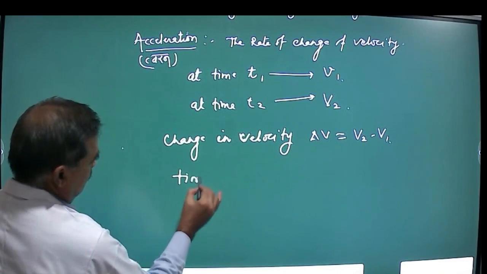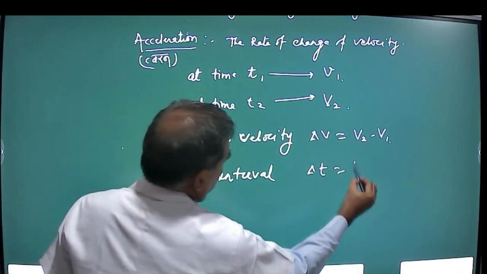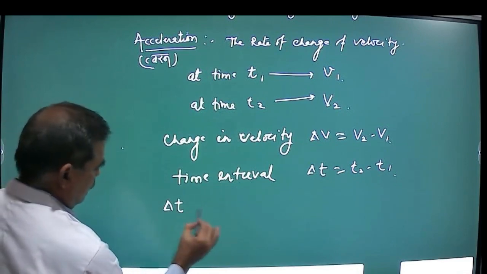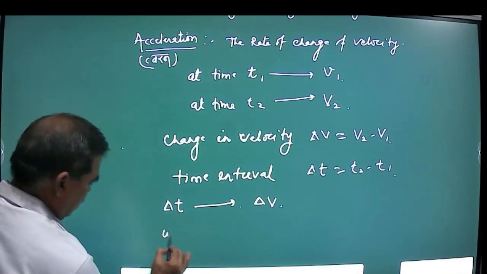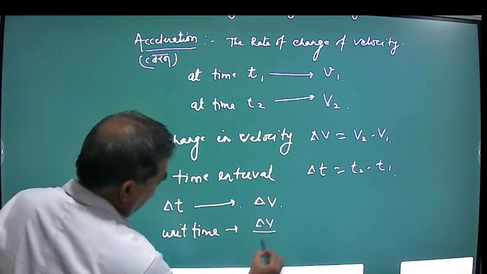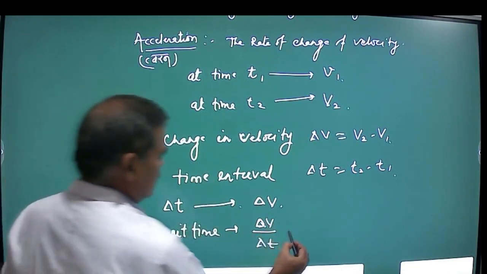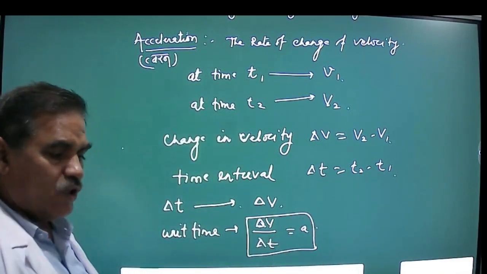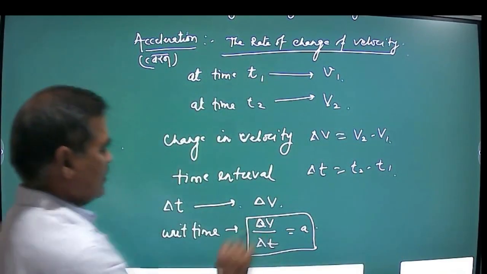The time interval delta t is equal to t2 minus t1. So in the delta t time, the change in velocity is delta v. In unit time, the change in velocity will be delta v upon delta t. And this delta v upon delta t, the rate of change of velocity, is known as acceleration.